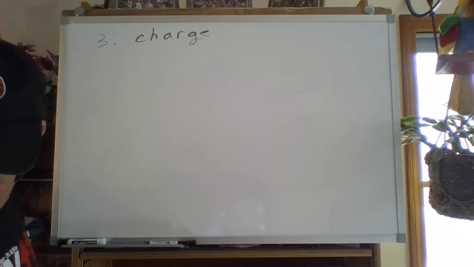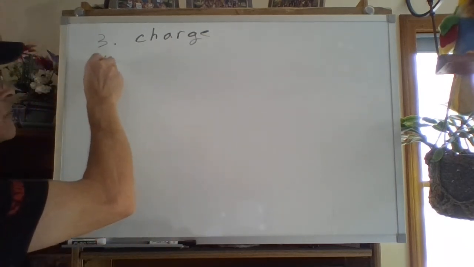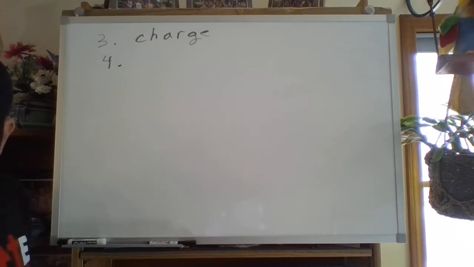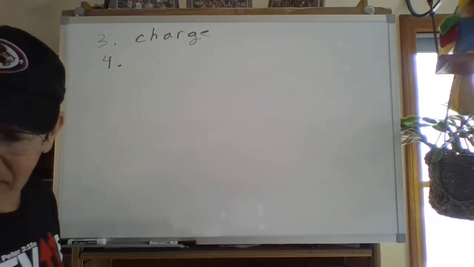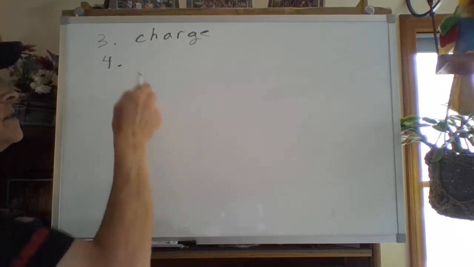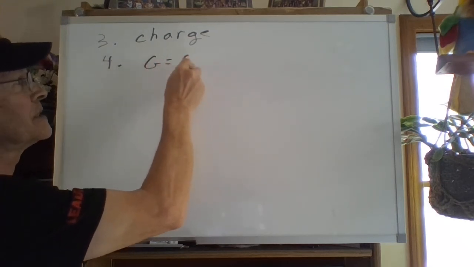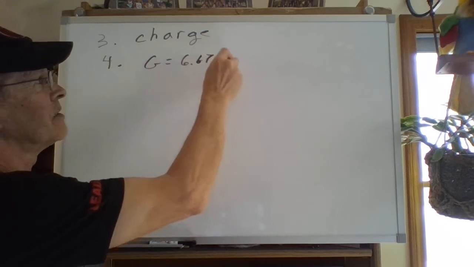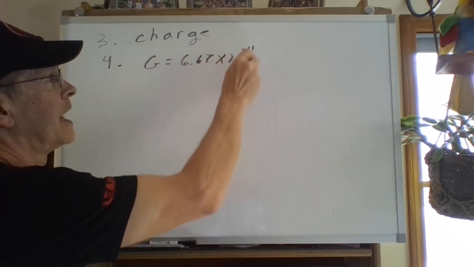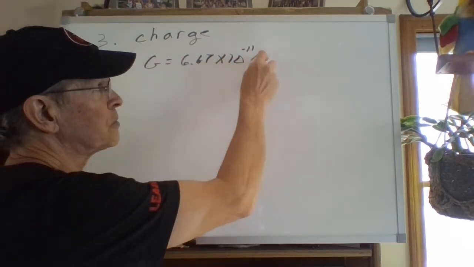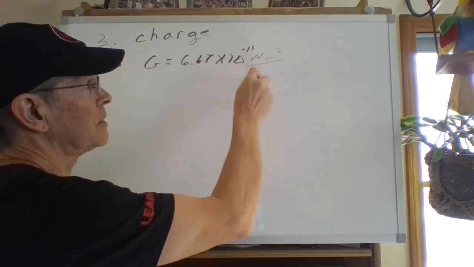Number 4, how does the electromagnetic force compare to gravity in strength? Oh, many, many times. G is 6.67 times 10 to the negative 11th Newton meter squared per kilogram squared, there's your mass.